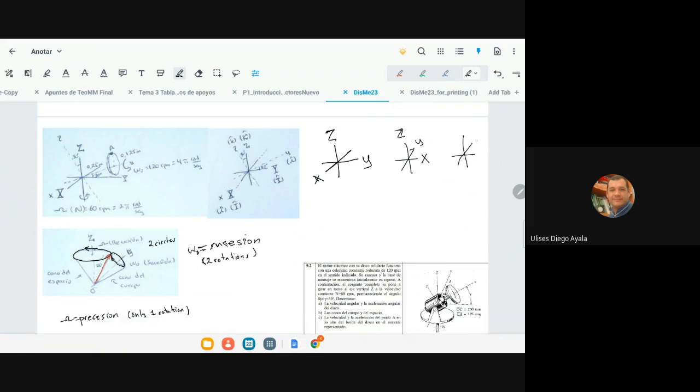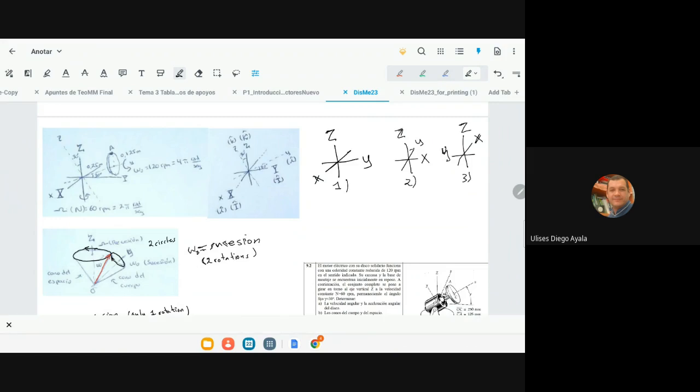And again, let's make it here. The tricky point here is, where is the positive? Aquí la pregunta es, ¿dónde es el positivo? ¿Hacia dónde es positivo? Let's say 1, 2, 3.